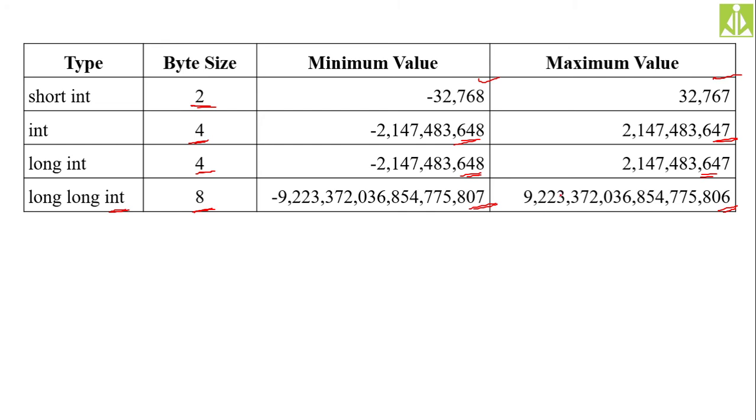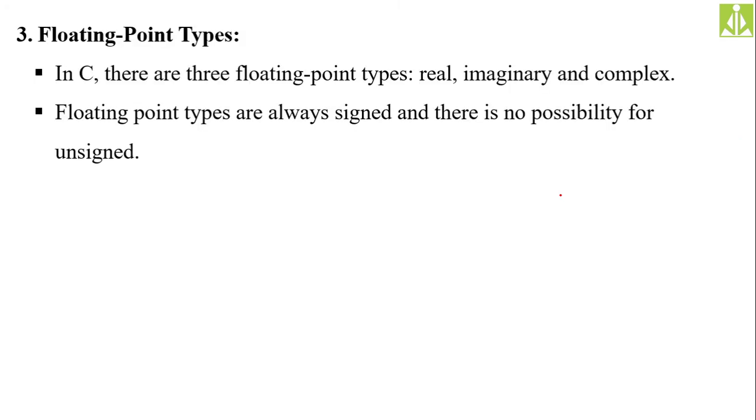So the floating point types: if you want to store the fractional part, we said inside integers we can't store the fractional parts, but if you want to store the fractional parts, then you have to go for floating point types. Floating point types are real, imaginary, and complex types.